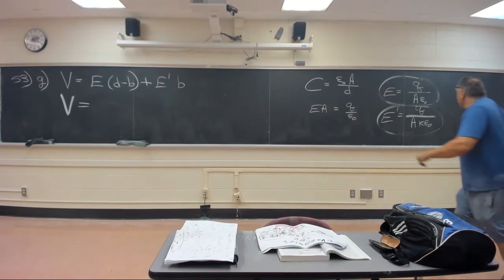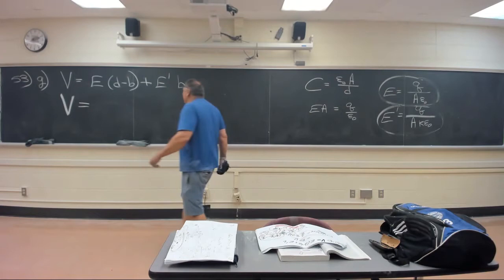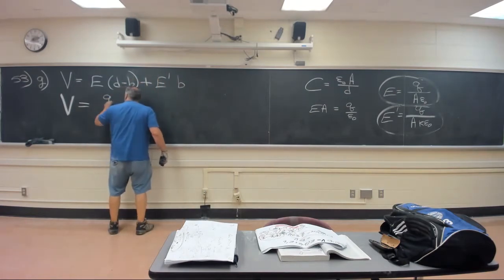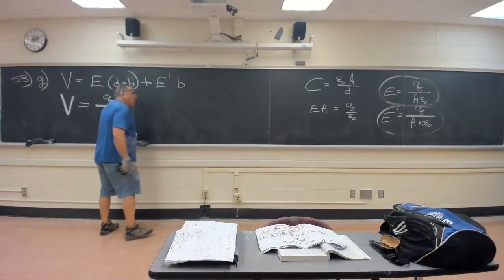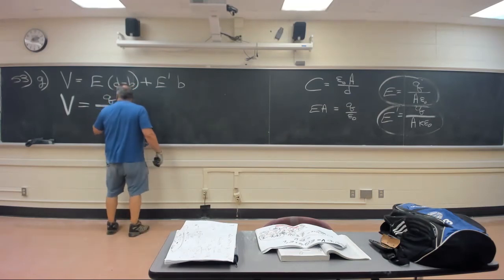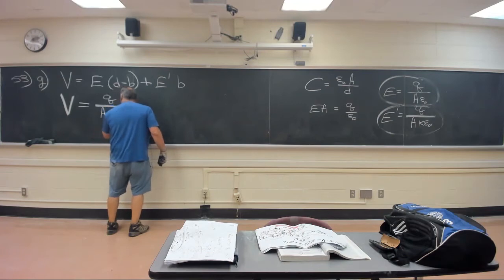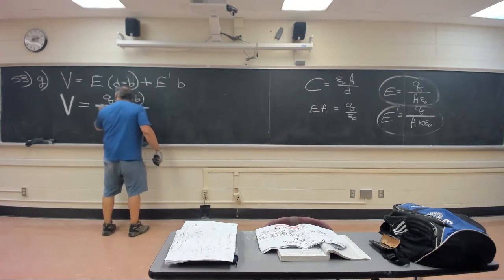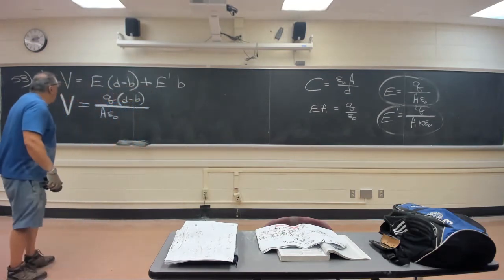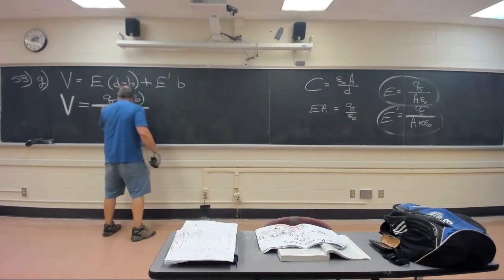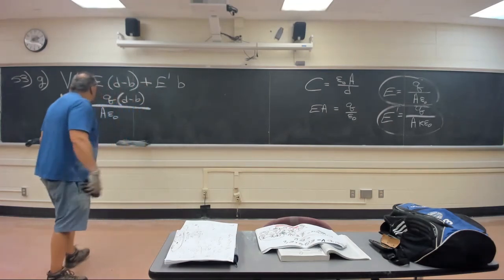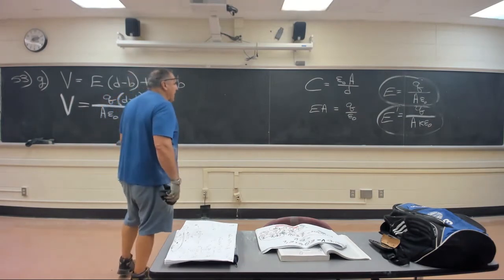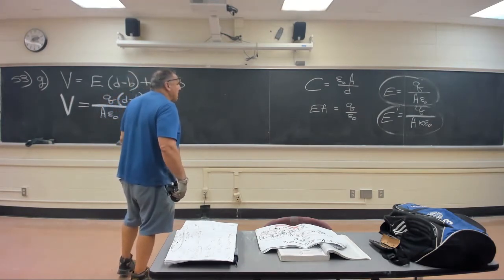Well, is that true? Does this all work out? You got Q over the E guy, which is Q over A epsilon naught.